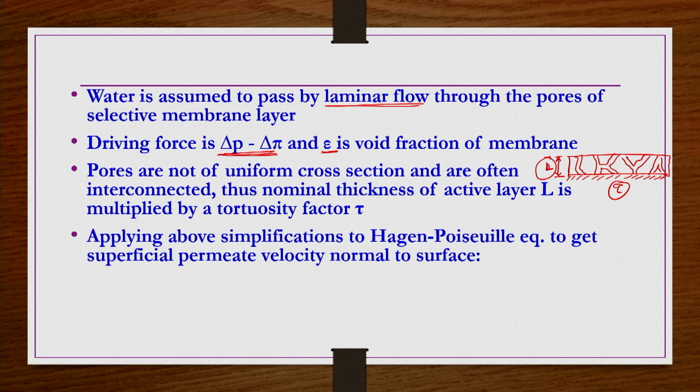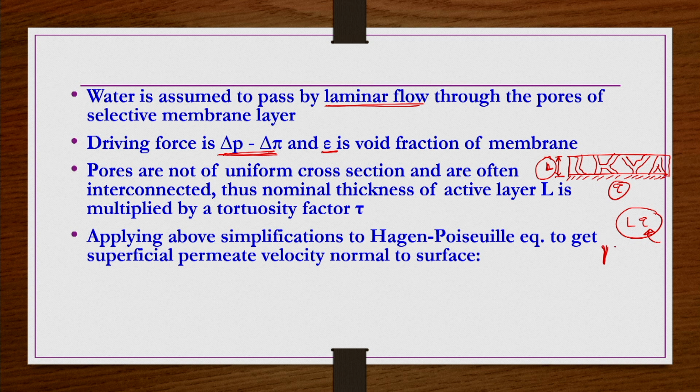Now, for the Hagen-Poiseuille equation, we take this L and multiply by tau, and that tau takes care of the tortuosity factor. So, now we can say that these pores have a uniform cross section with length L tau, where tau takes care of the non-uniformity.